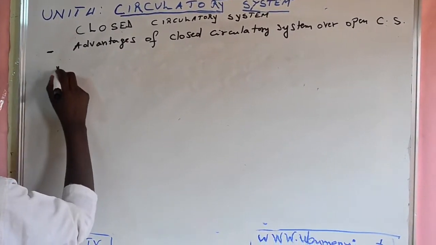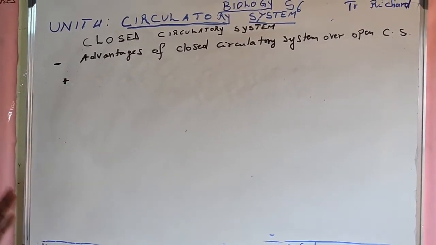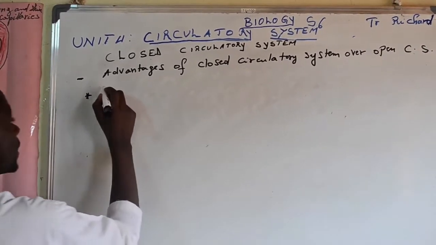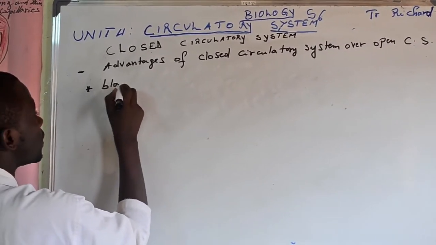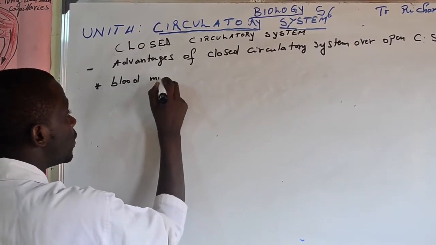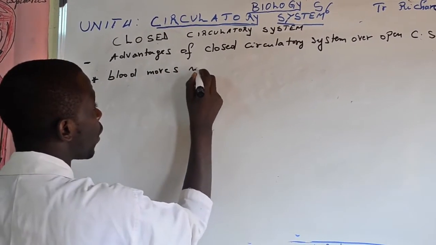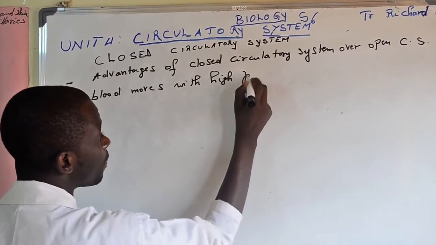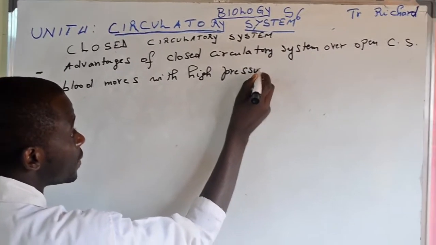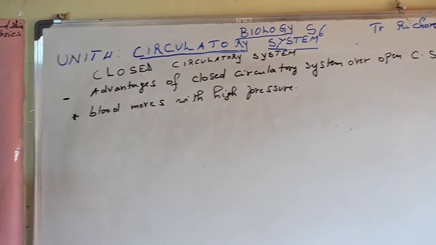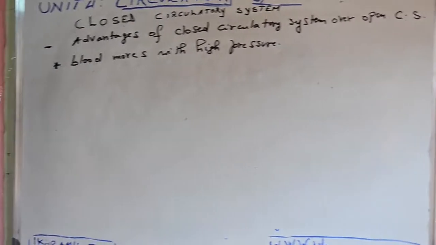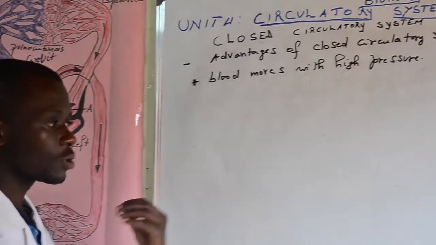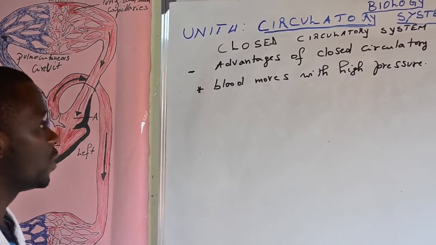The first advantage is that blood in the closed circulatory system moves with higher pressure. Because of this pressure, the animal has control of where the blood is going to reach in all parts of the body.